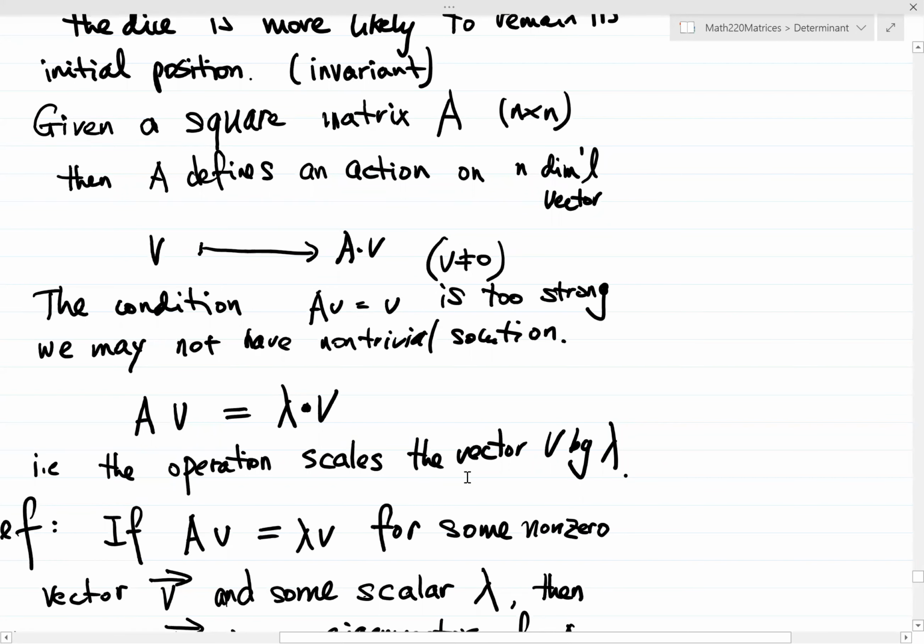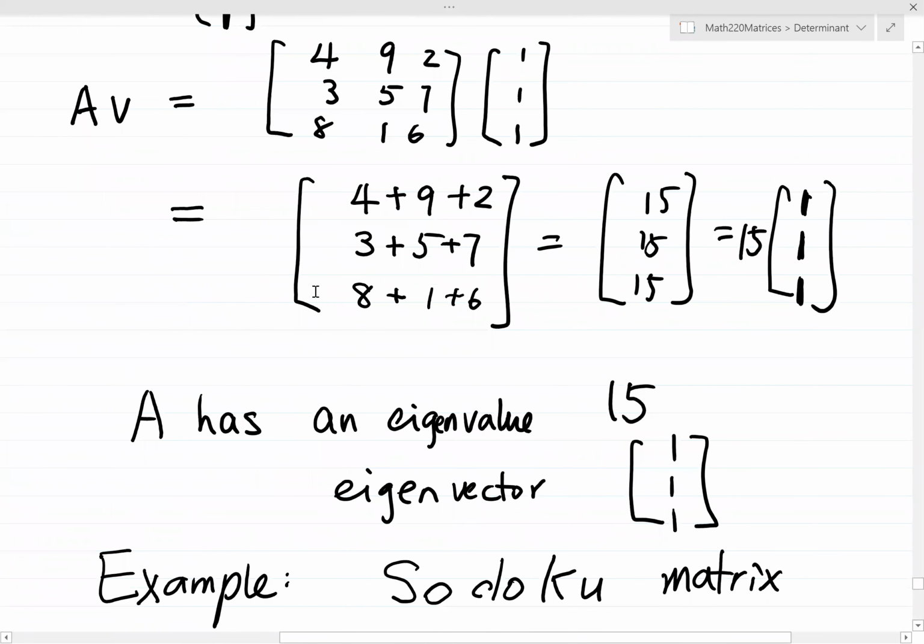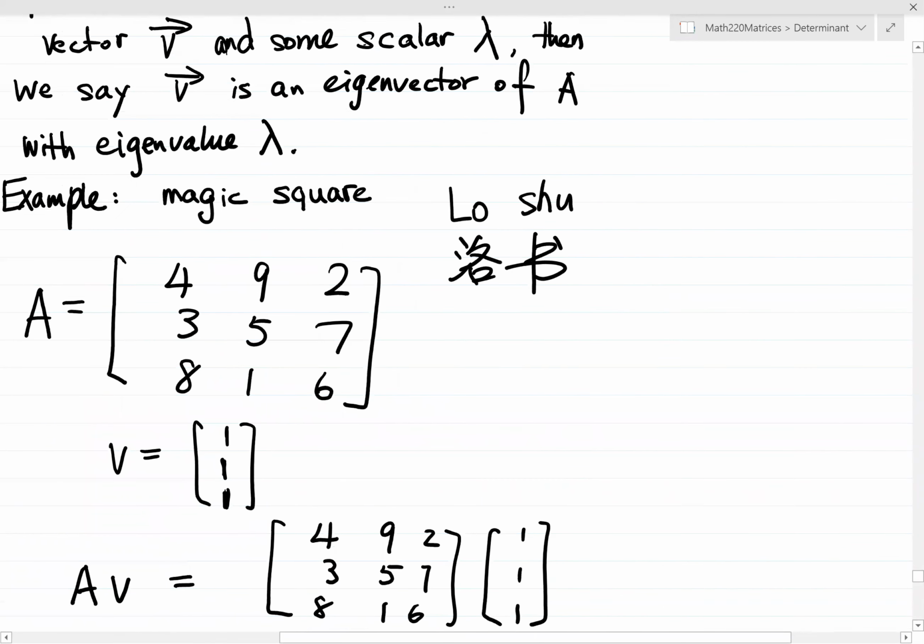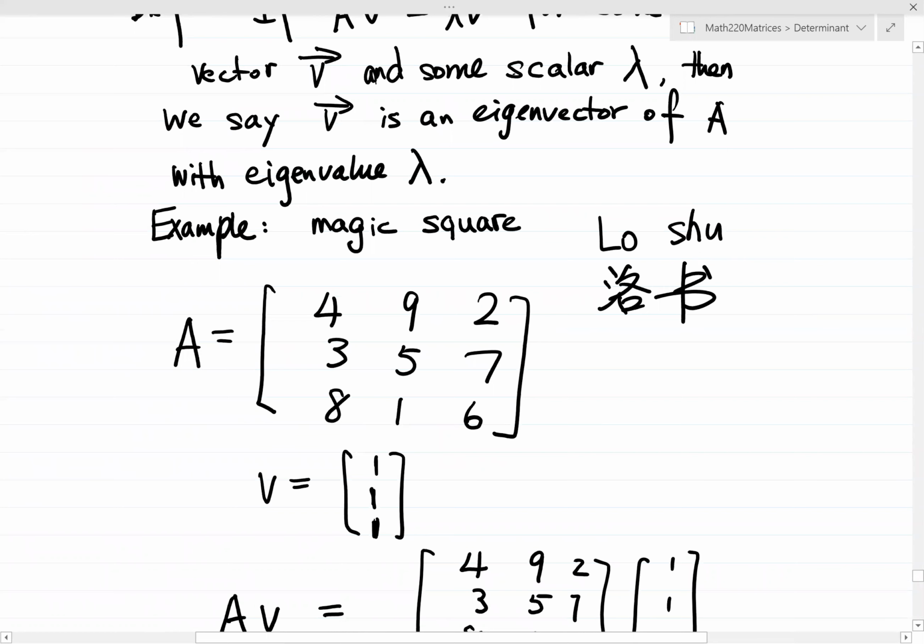And then we gave several examples of eigenvalues and eigenvectors. For instance, we have the magic square. The magic square is really old. There is some story about this magic square.